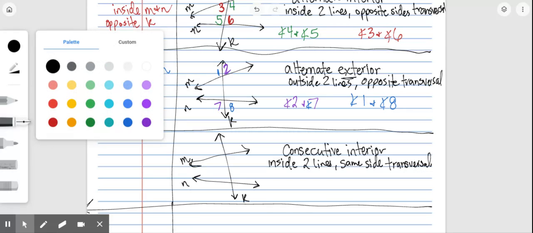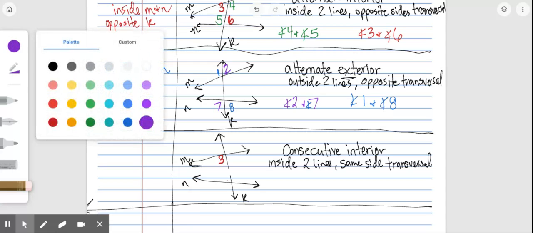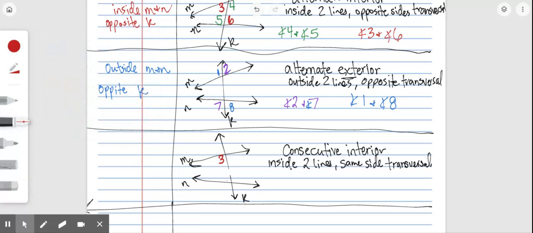Some examples of these are going to be angles 3 and 6, because they're inside M and N and on the same side of K. And then angles 3 and 5, not 6. I apologize. Hold on. Three and 5, and 4 and 6.